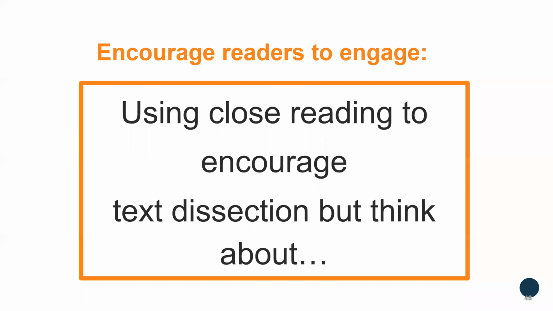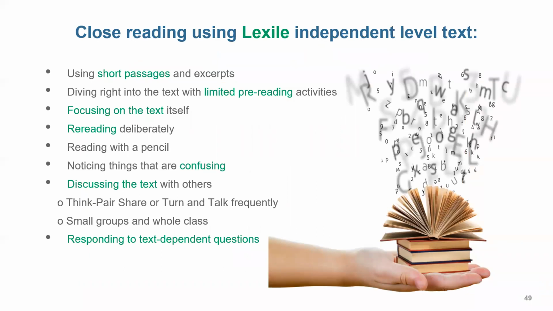How do we dissect text? Because whenever, as adults, we're reading things, I'm preaching to the choir, when we read things as adults that we aren't familiar with, we break it down, we dissect it. And that's exactly what close reading is meant for us to do.